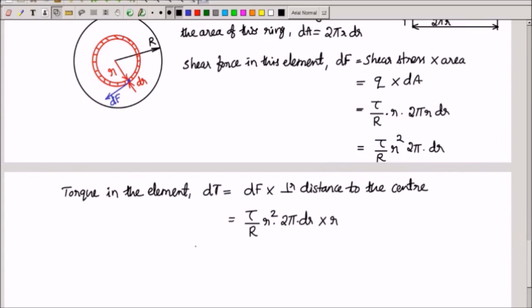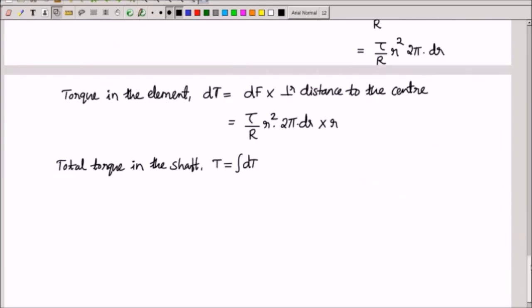Now I want the total torque. I have to integrate this expression between the limits 0 to capital R. So the total torque in the shaft, T, is equal to the integral of dT, which is the integration from 0 to capital R. This dT is tau divided by R into 2 pi r square into r, which is 2 pi r cube dr. Now in this, I can take tau, R and 2 pi outside because they are constants.